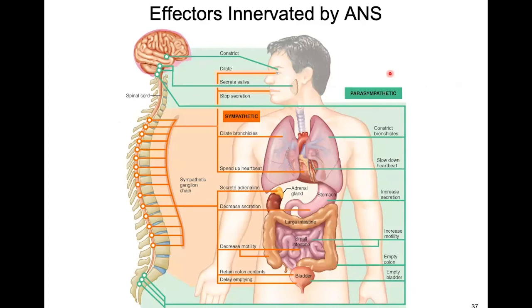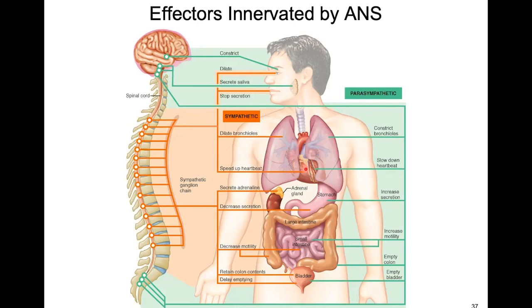Now remember, all of these effectors, whether it's cardiac muscle in the heart, smooth muscle throughout the body, or the glandular tissue, are going to receive dual innervation from both the parasympathetic as well as the sympathetic nervous system. It's important to then understand that the sympathetic is going to have certain impacts on these tissues, and the parasympathetic will have the opposite effect on these tissues.